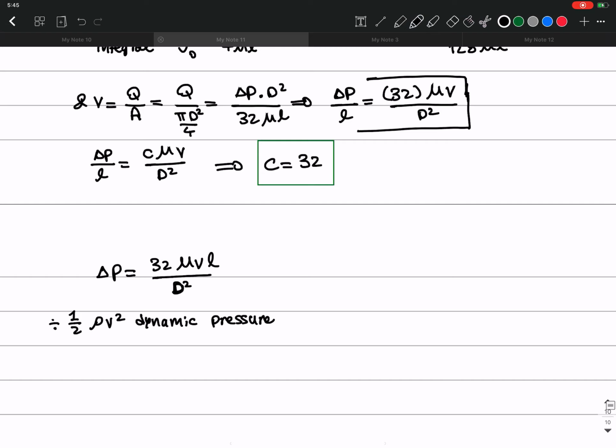If you look at the definition of the Bernoulli equation, this was one of the interpretations of this term, which is dynamic pressure.